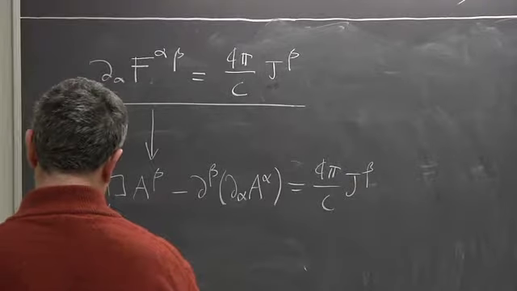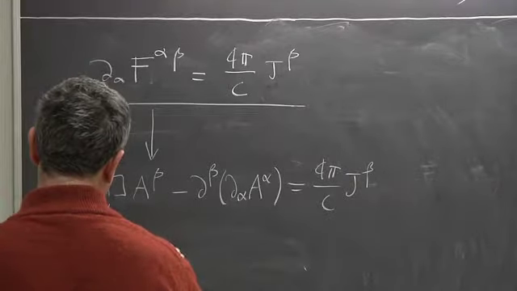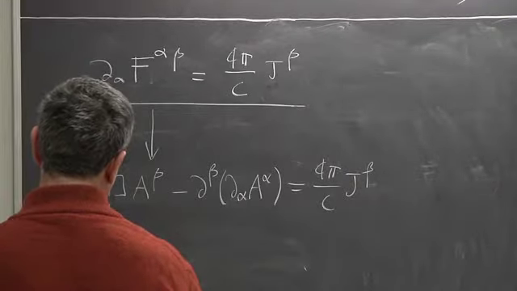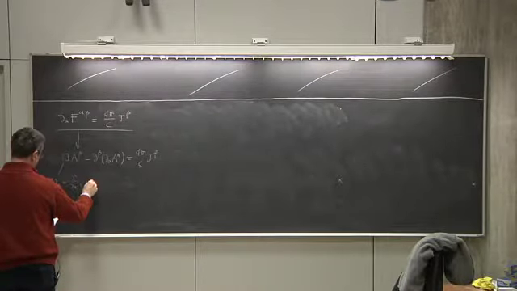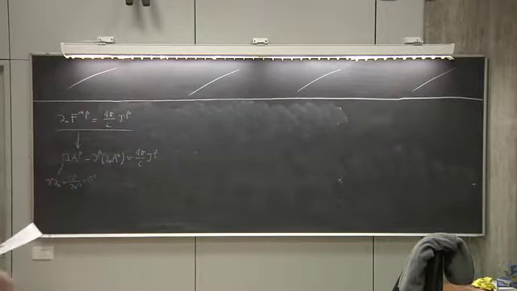So this thing is something like d2 over dx naught squared, the time component, minus the Laplacian, or like this, depending on the signature.